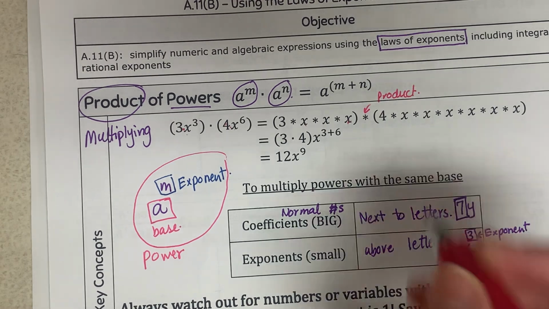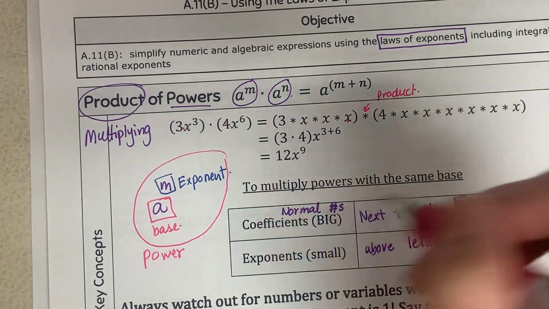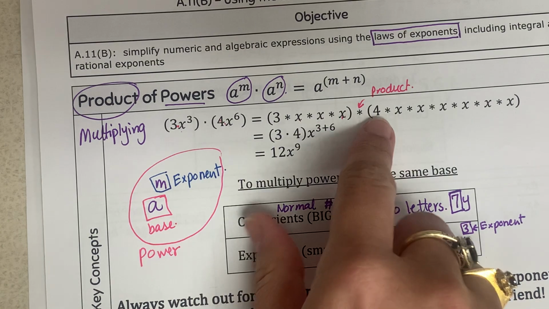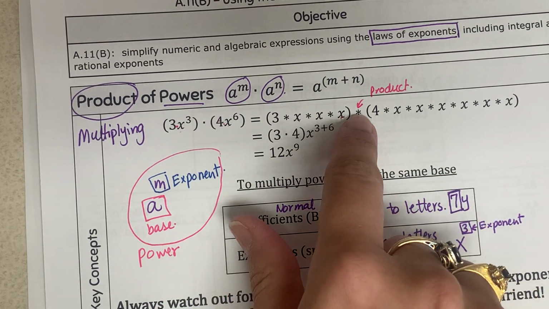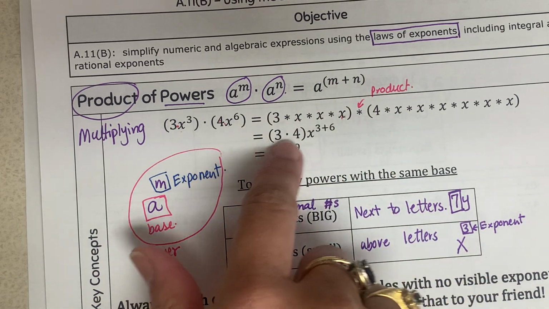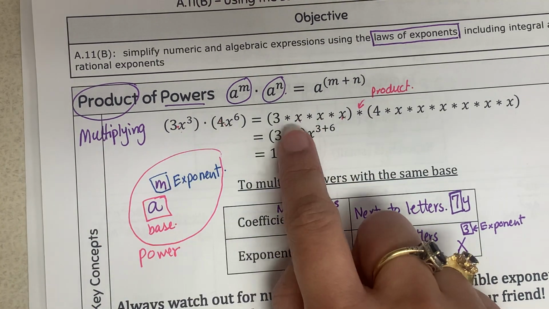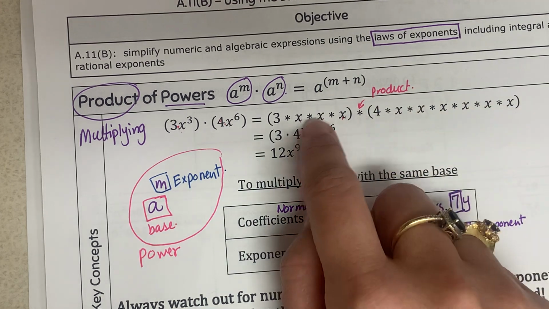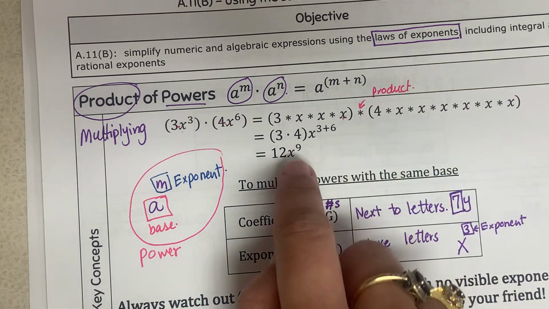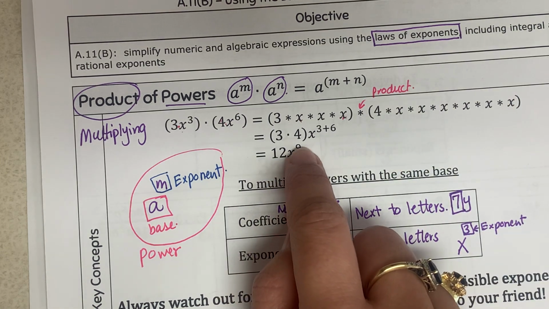Normal numbers, you deal with normally. So 3 and 4, if you isolate them, it's 3 times 4 because they are being multiplied. 3 times 4 is 12. You're going to write that 12 down. And then 1, 2, 3, 4, 5, 6, 7, 8, 9. You have 9 x's over here. So my final answer should be 12x to the 9th.